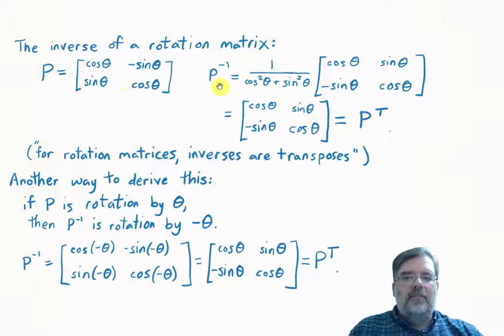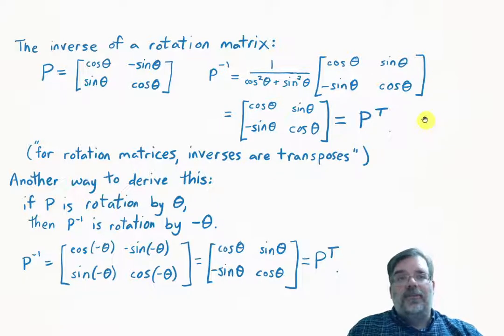In fact, P inverse is P transpose for a rotation matrix. And the takeaway sentence here is for a rotation matrix, inverses and transposes work out to be the same thing.